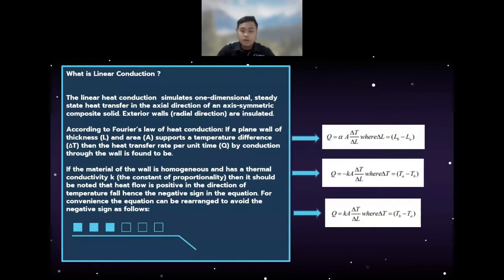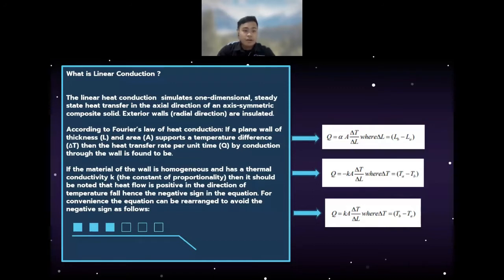According to Fourier's law of heat conduction, if a plane wall of thickness and area supports a temperature difference, then the heat transfer rate per unit time by conduction through the wall is found to be as follows.